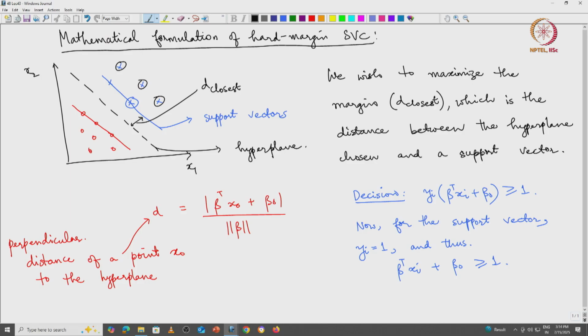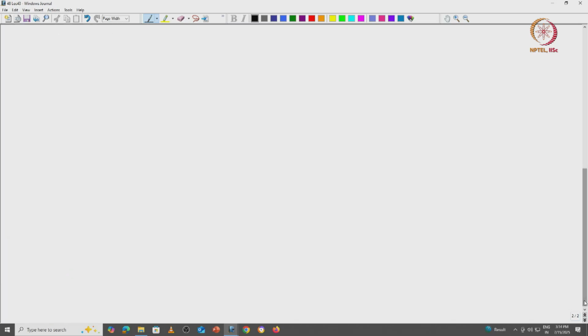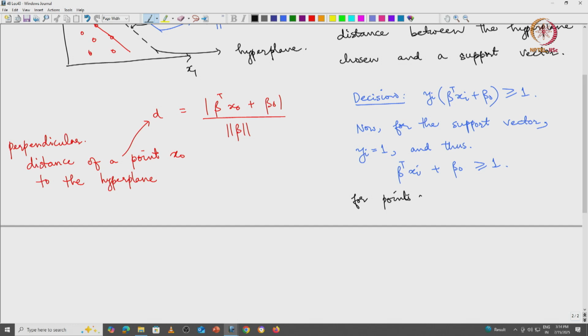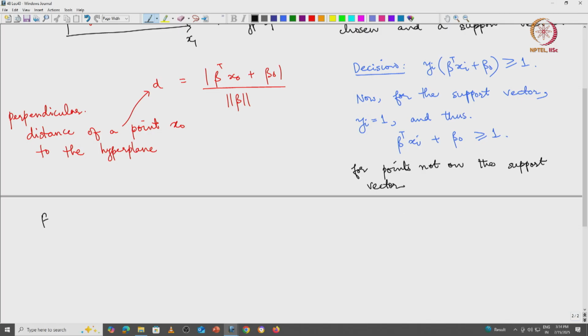So beta transpose xi plus beta naught is greater than or equal to 1 for points away from the support vector, but for points on the support vector, beta transpose xi plus beta naught will be exactly equal to 1.